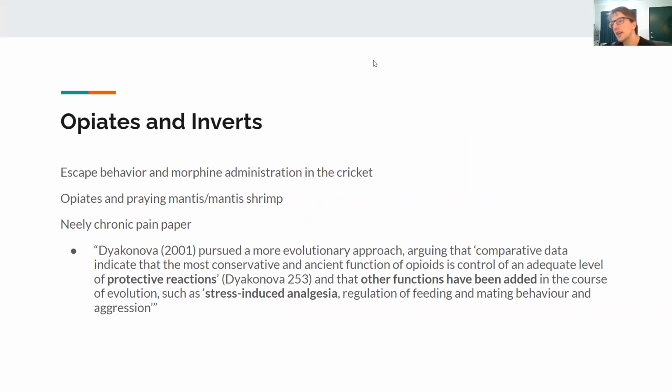Gregory Neely has done a paper where he shows that cutting off a leg of a fruit fly does decrease the pain threshold. How much pain does it take for them to elicit a response? This is a form of chronic pain. While they don't limp or exhibit any characteristically human behaviors associated with pain, they can change the threshold, how much nociception they're willing to endure.